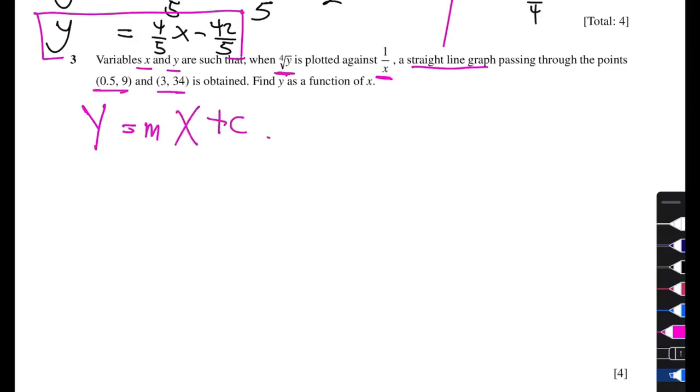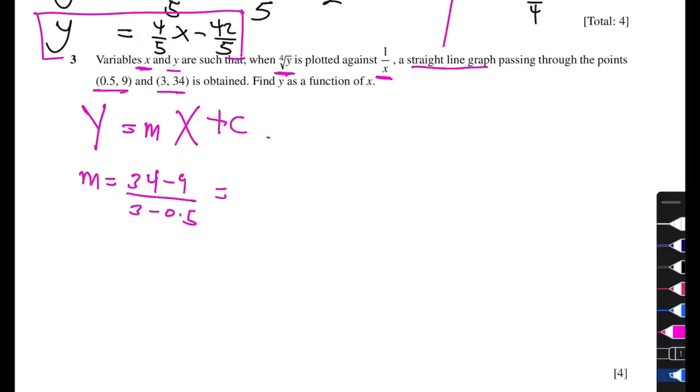Now the reason why I'm doing this is to differentiate between the variables x and y that they gave us. Okay, all right, so if this is a straight line, it's of this form, so we can find the gradient, which will be 34 minus 9 over 3 minus 0.5, and that gradient is going to be, what would the calculator say? 34 minus 9 over 3 minus 0.5, giving us 10.